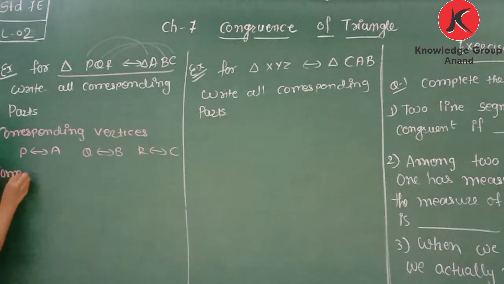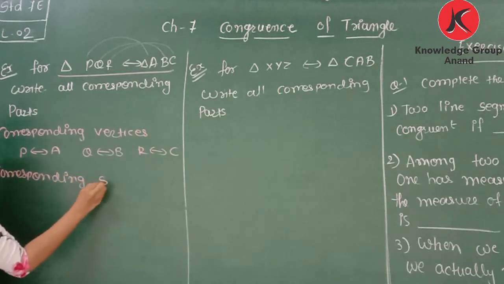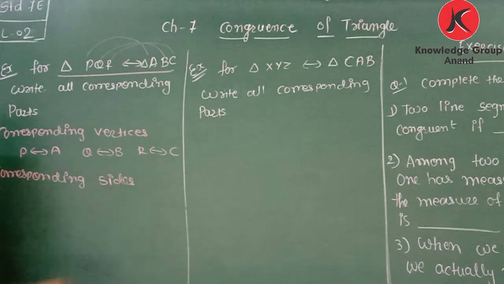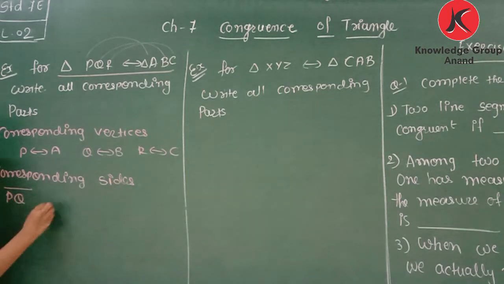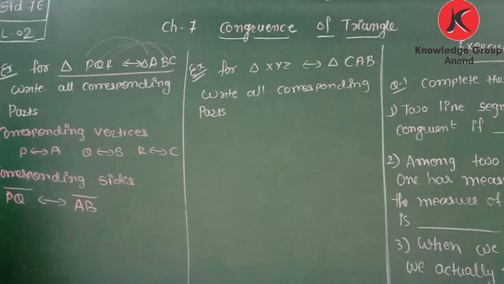Now corresponding sides. If we consider side PQ, then P corresponds to A and Q corresponds to B, so it corresponds to AB.